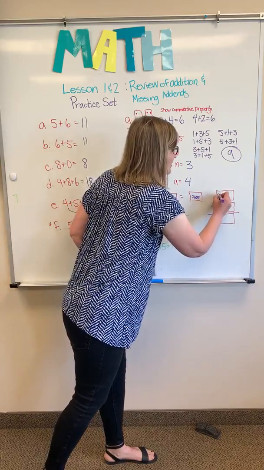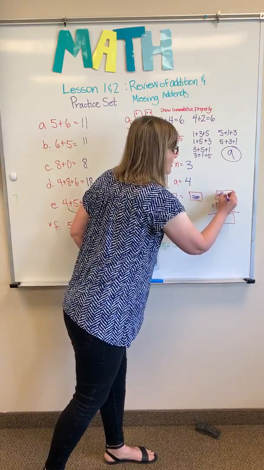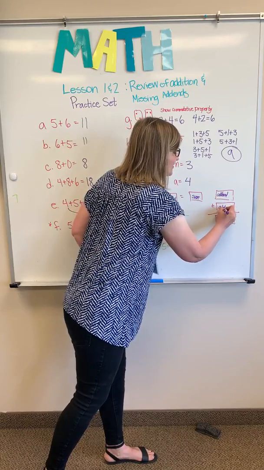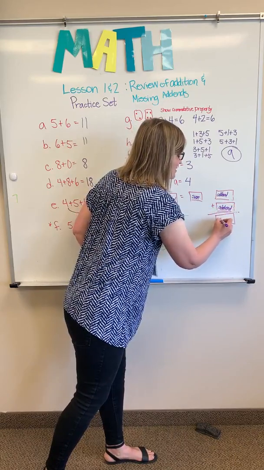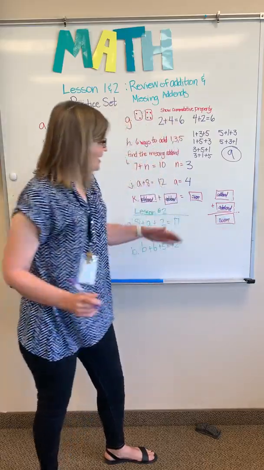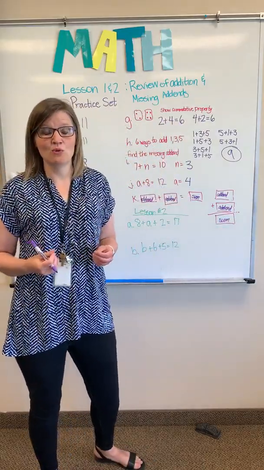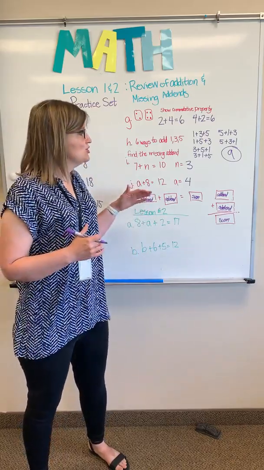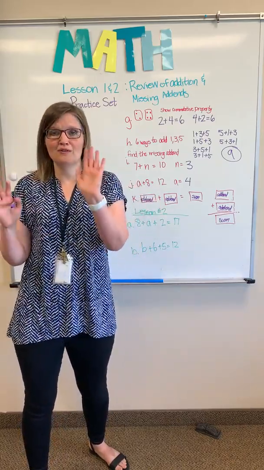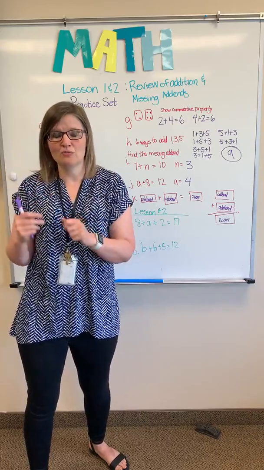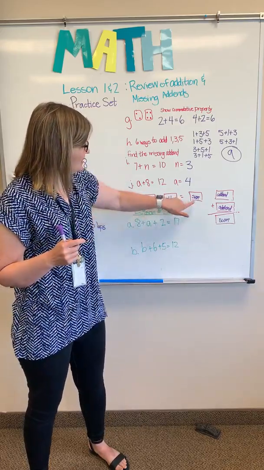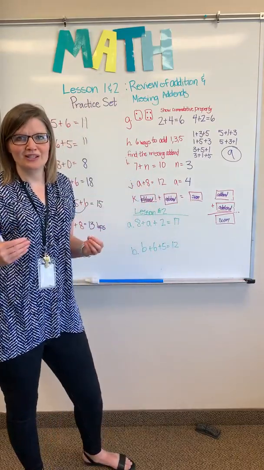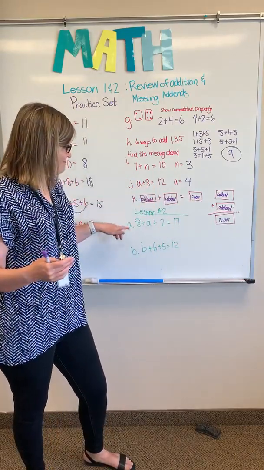So addend plus an addend equals our sum. And sometimes you may have homework that says find the missing addend, or what addend would you need to make this certain number. So knowing the language for these will help you when we do our homework later on.